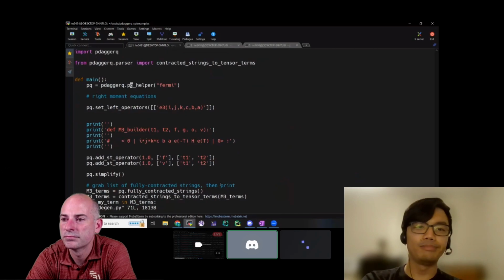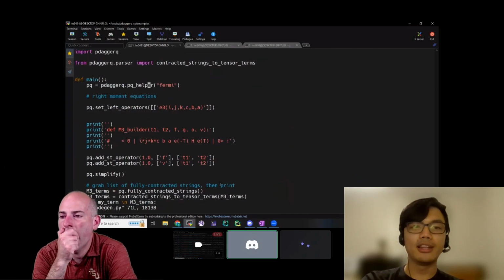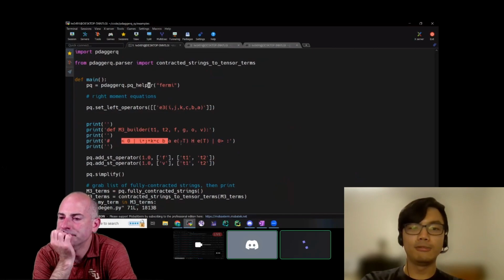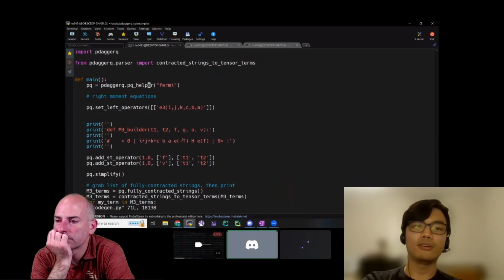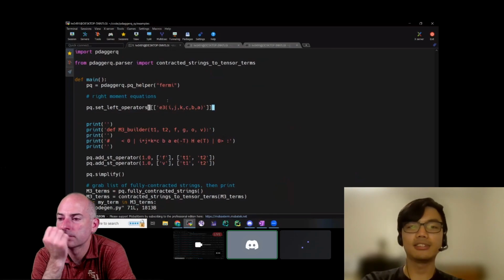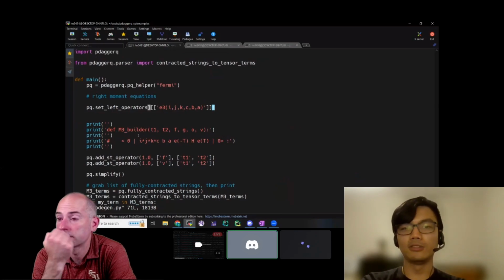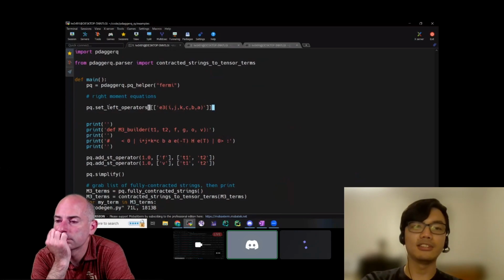Right. So basically same thing, but now we want to do projections of H bar reference onto triply excited determinants, right? And this now H bar contains T1 and T2 only. So now let's set the left operators to triples. So we have E3, IJK, CBA.